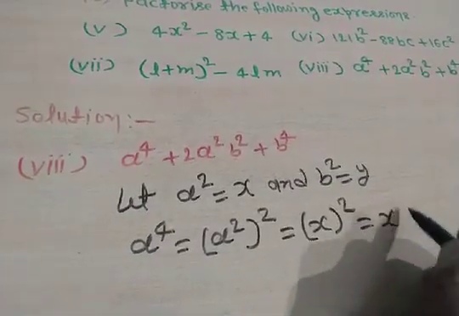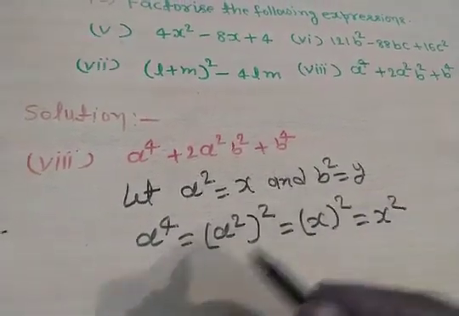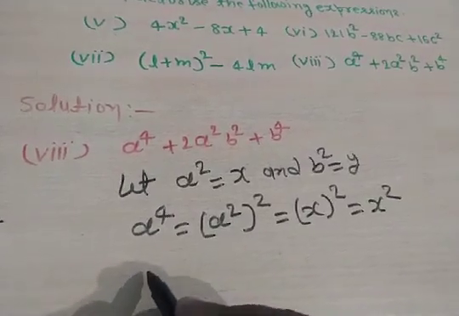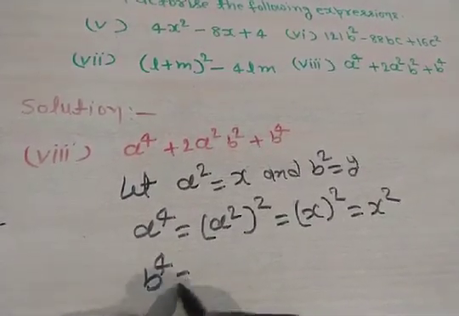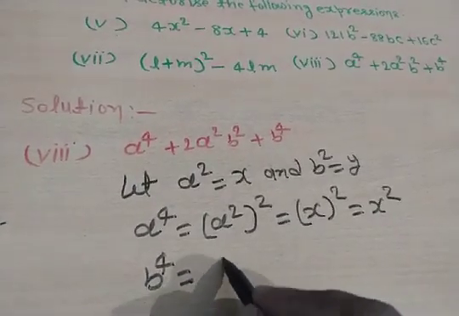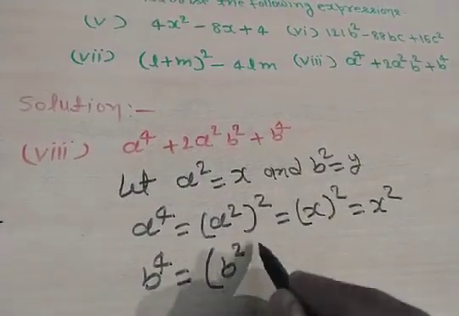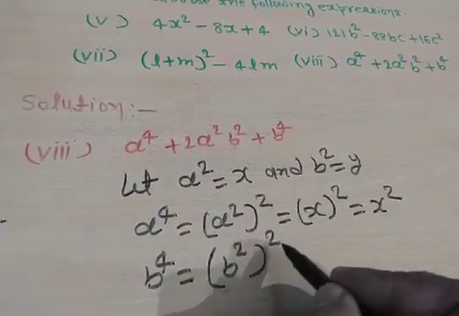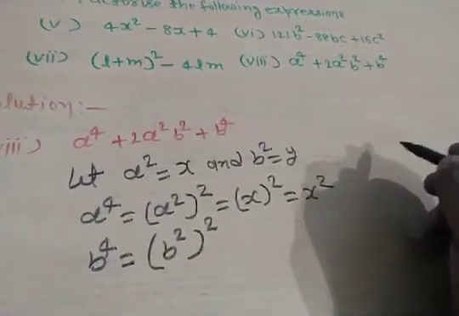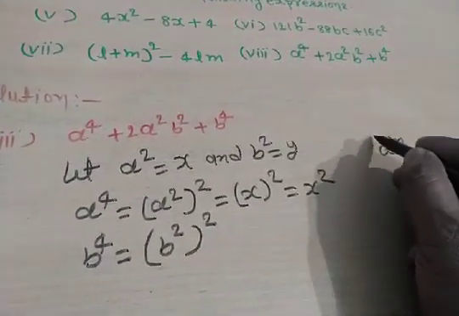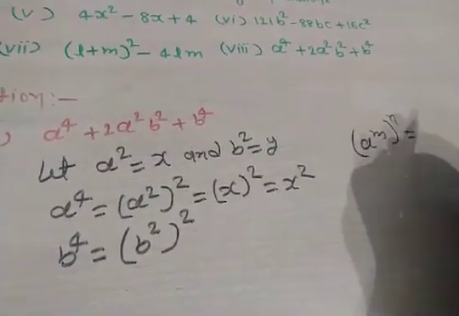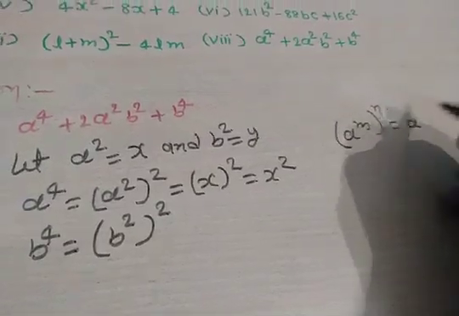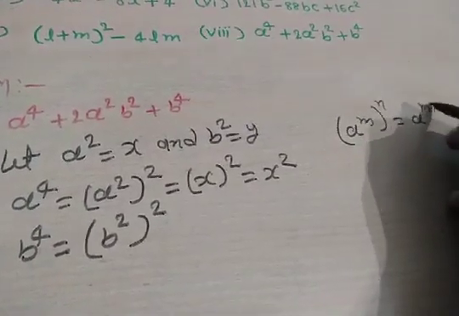And we also write B power 4 as B square to the power 2, because you know that A power m to the power n is equal to A to the power m into n.